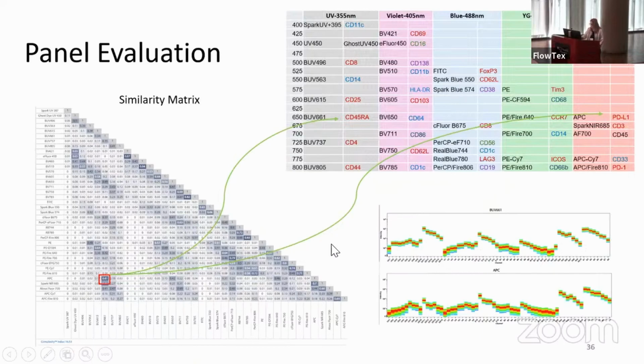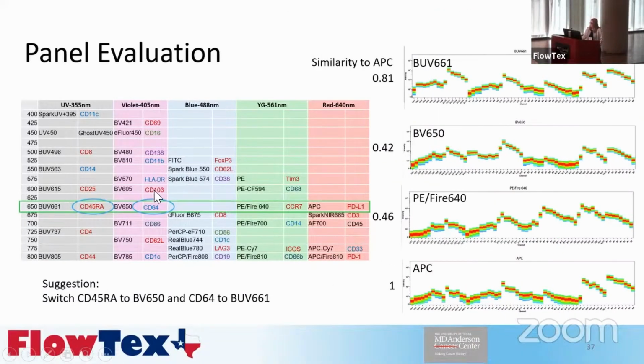Okay, I'm going to look at this whole row in the column, right, where I've got CD45RA, 64, which is an FC receptor, CCR7, which is on T cells, PDL1 that's on T cells. And when I look at similarity to that APC and I worry about what's going to impact my resolution on PDL1, I can pull up similarity scores between each of these.